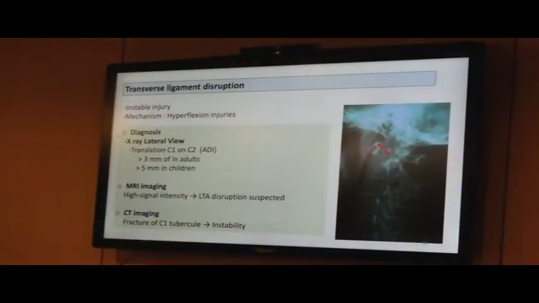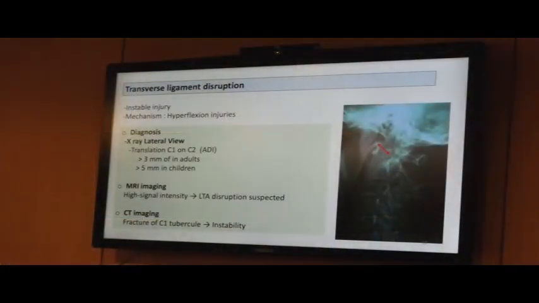The second ligamentous injury is the transverse ligament disruption. This lesion is an unstable injury. The mechanism can be hyperflexion. The diagnosis can be made on the lateral view and can show a translation between C1 and C2 of more than 3 millimeters in adults and 5 millimeters in children.